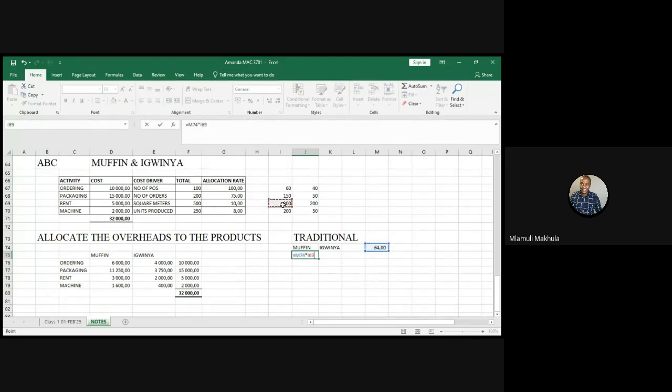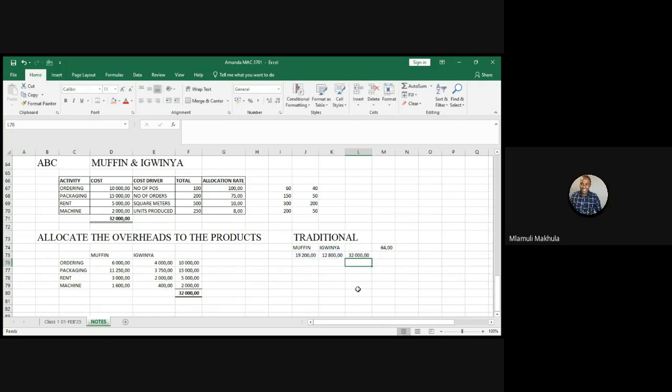It's 300. And then how many square meters for Iguinya? It's 200. And just like that, it will be done. And you see, you still have 12,000.